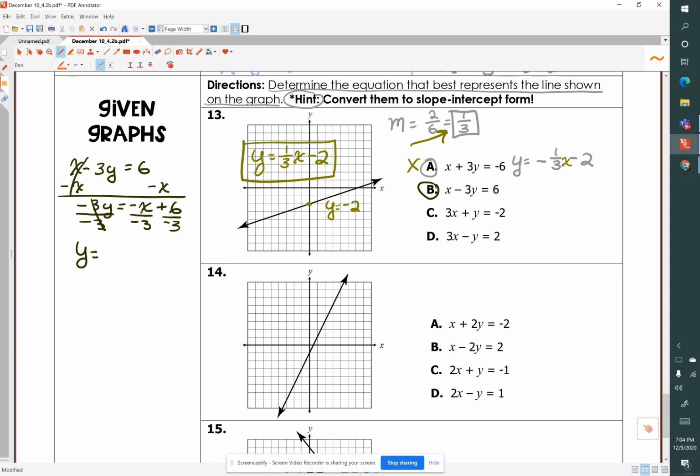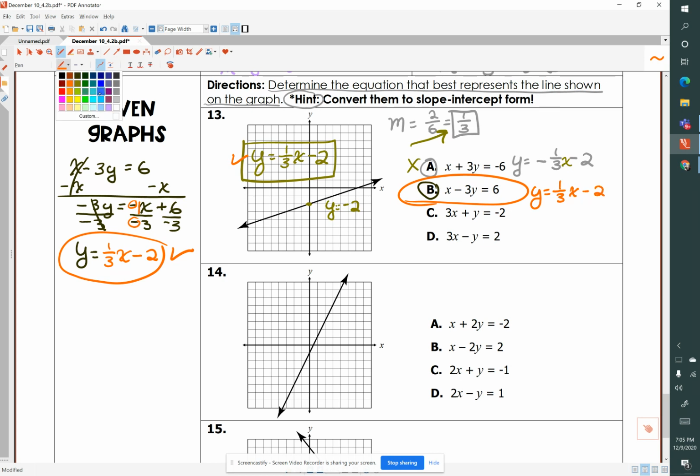We have an invisible 1 in front of that x. And negative divided by negative is a positive. So this becomes a positive 1/3 x. And positive 6 divided by negative 3 is a negative 2. And this is the same as the equation that we derived from looking at the graph. So B is the correct answer. B converts to y equals 1/3 x minus 2.